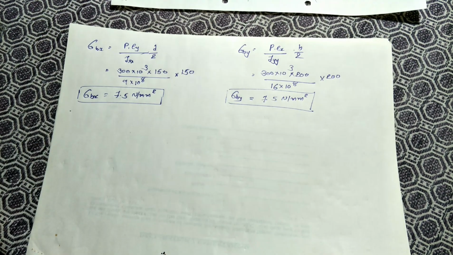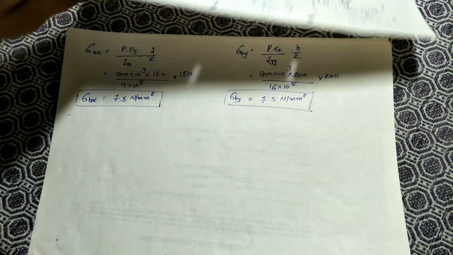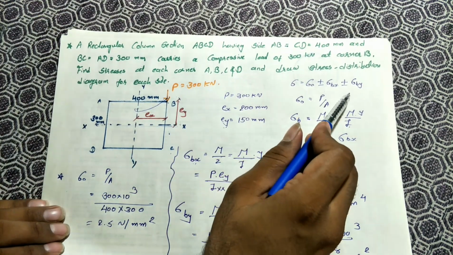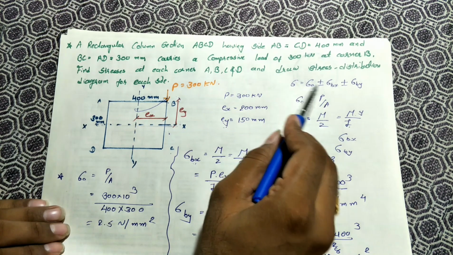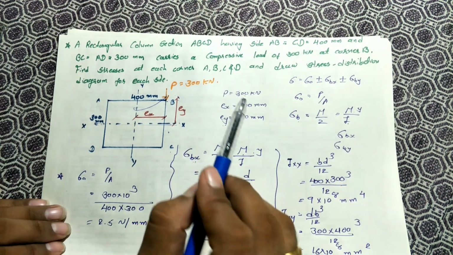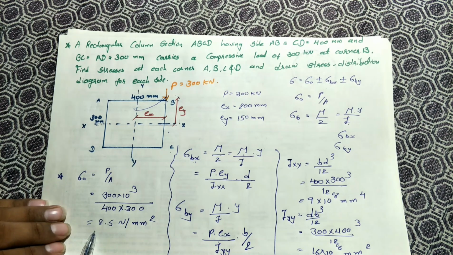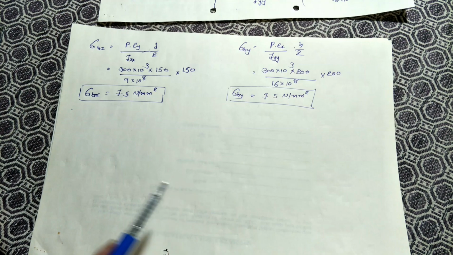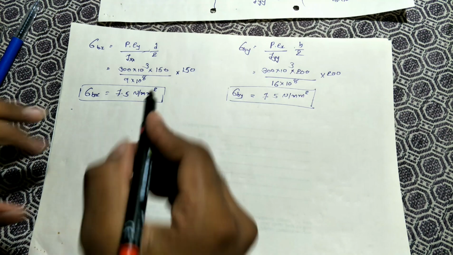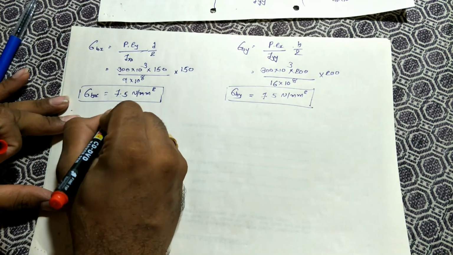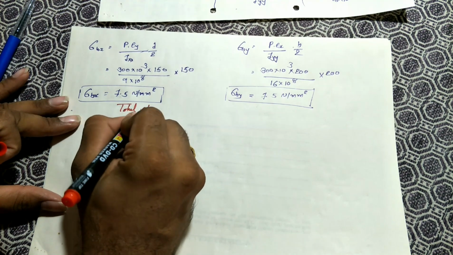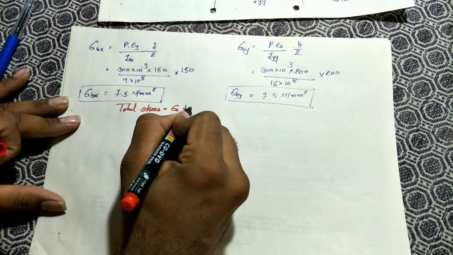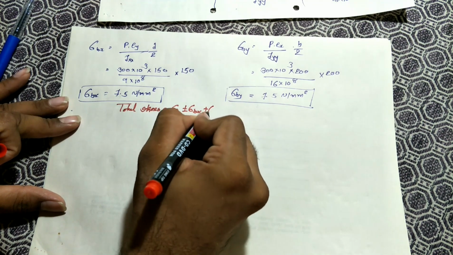So we have to calculate the final stresses because of this loading. We have to add direct stress and bending stress both. We have a direct stress value over here, that is 2.5, and the bending stress values. So total stress, as I told you, equals sigma 0 plus or minus sigma Bx plus or minus sigma By.